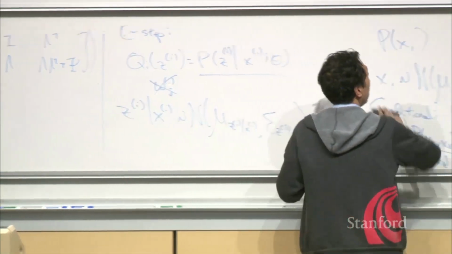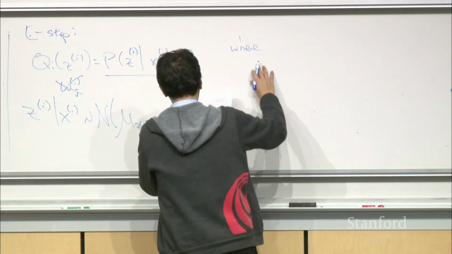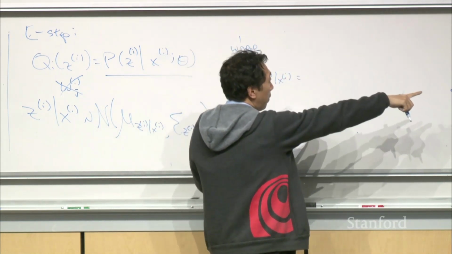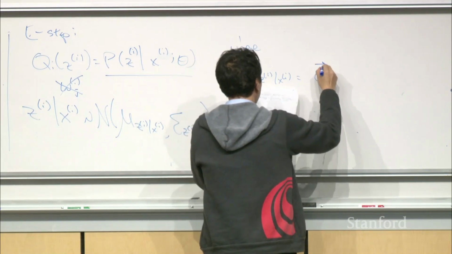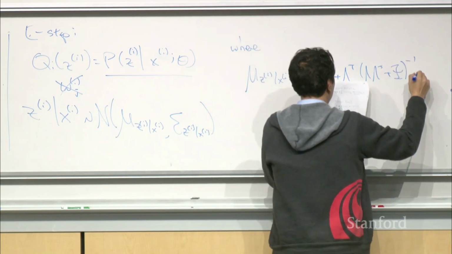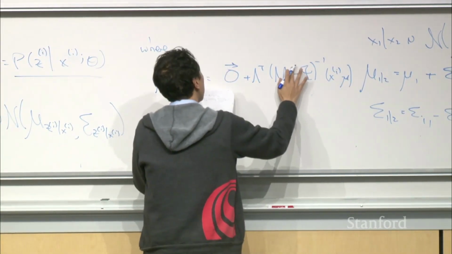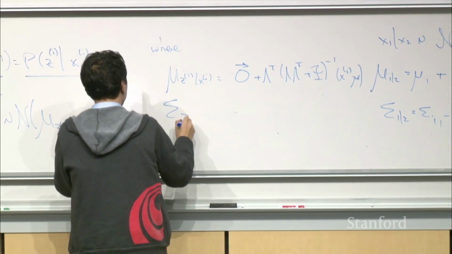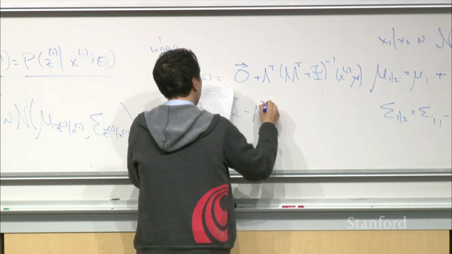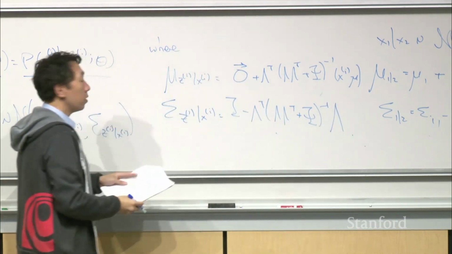The mean mu of z_i given x_i, if you take that formula and apply it to our setting, is 0 plus lambda transpose and so on.